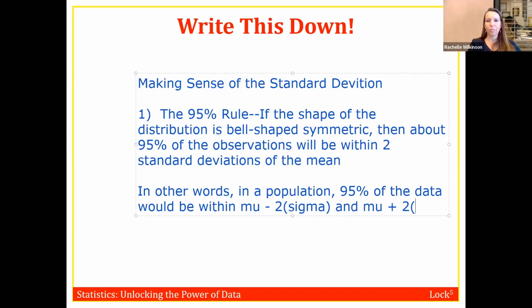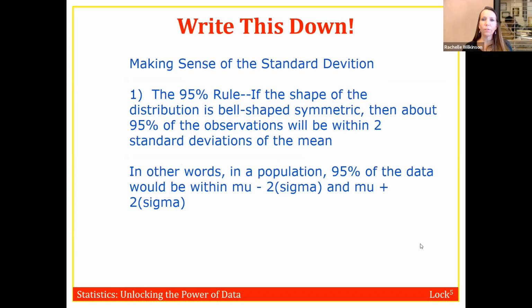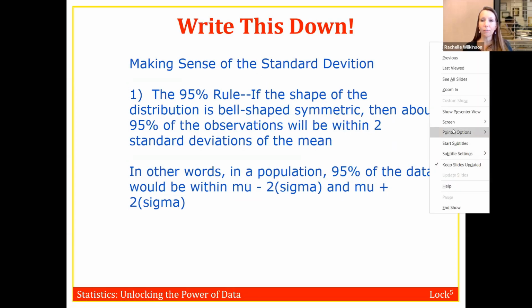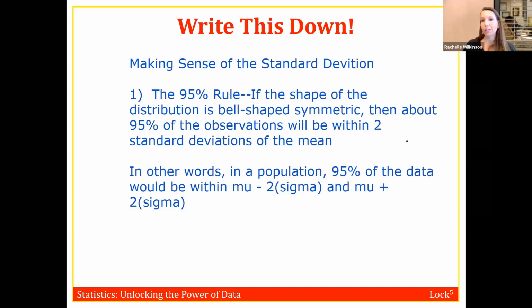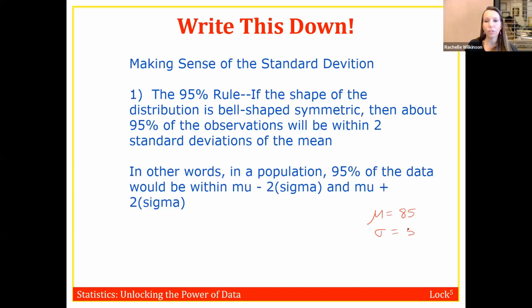So for example, let's say that you take the first test and I come back and tell you that on our first exam, the mean score, mu, was equal to 85 and the standard deviation was equal to 5.